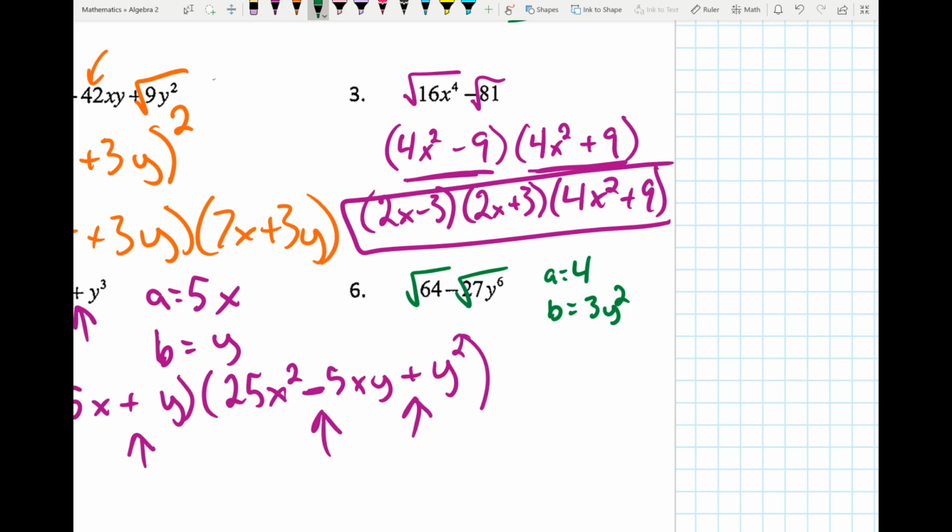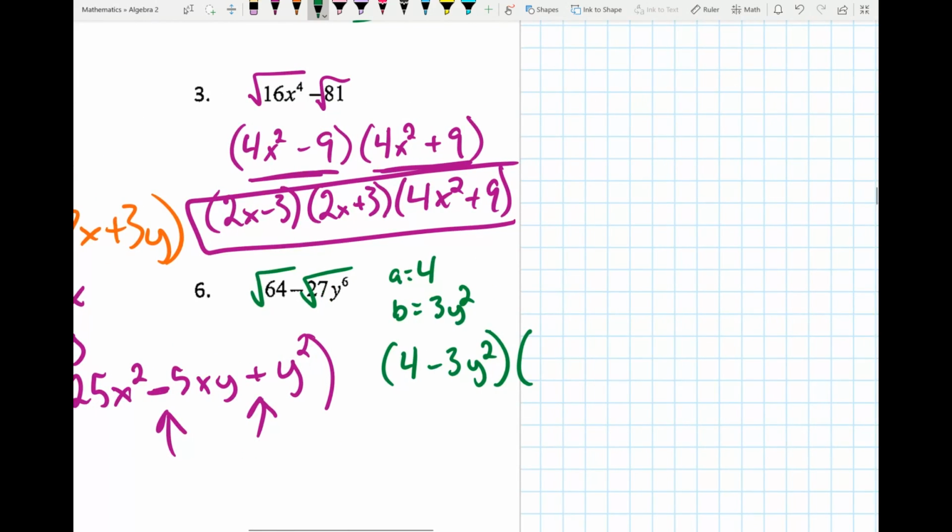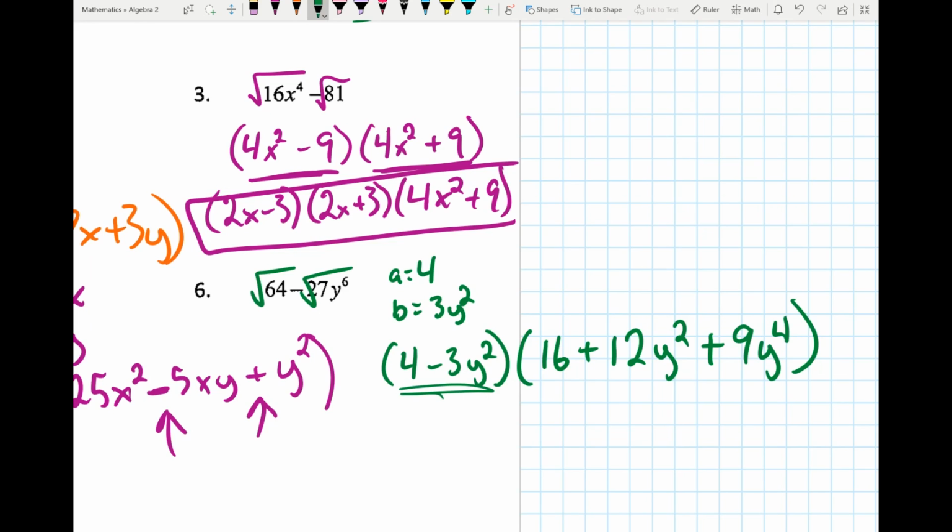If I start to pull this apart, I end up with 4 minus 3y squared, and then 16 plus, because we do the opposite sign. We multiply them together, so we get 12y squared, always positive, plus 9y to the 4th. One last look is to say, can I go any further on this? The answer is no, so that is my final answer.